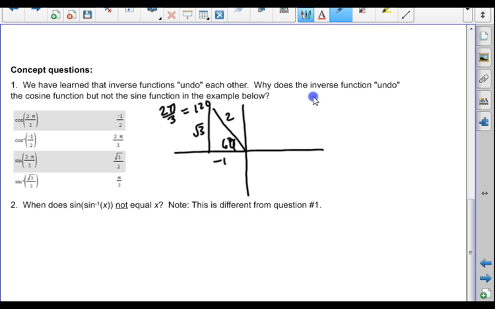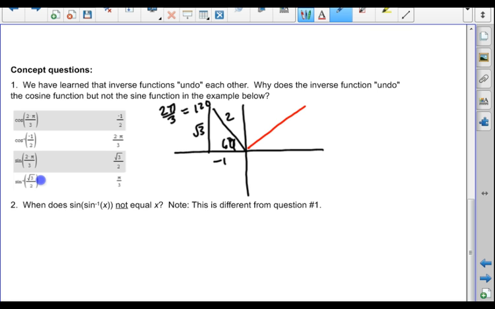But when I do sine of 2 pi over 3, I get square root of 3 over 2, but when I do inverse sine of square root of 3 over 2, I get pi over 3. And why is that? Well, when I look at the problem, inverse sine of square root of 3 over 2, I have to think, I have an angle, I have a positive trig value. Positive trig values for inverse sine are always going to be in quadrant 1.